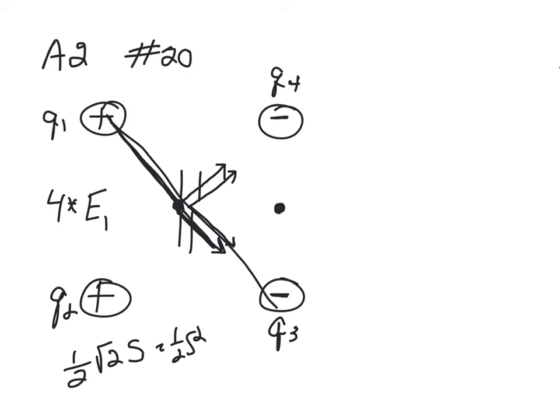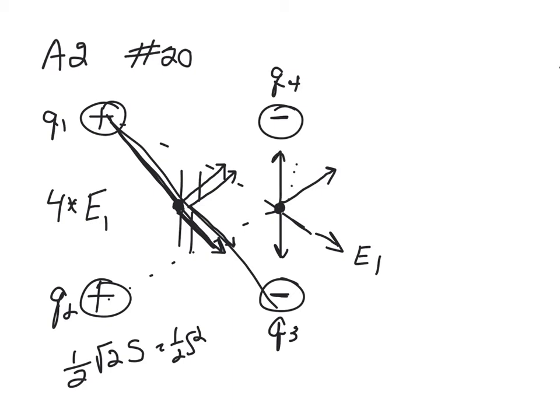When you go over here, then Q1 is going to go down along this line, so you got to find that angle. So that's going to be your E1, and your E2 is going to be that way, and the negative charge goes toward, and you can see that those two are going to cancel.